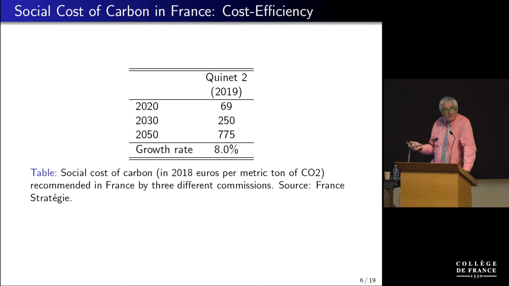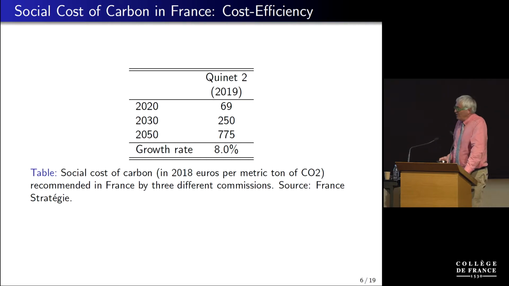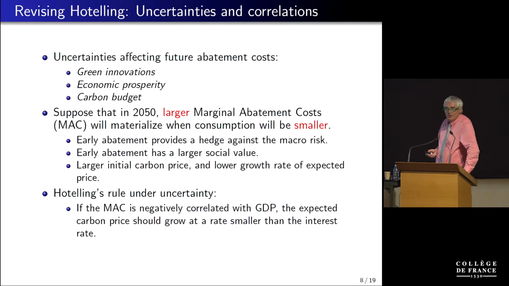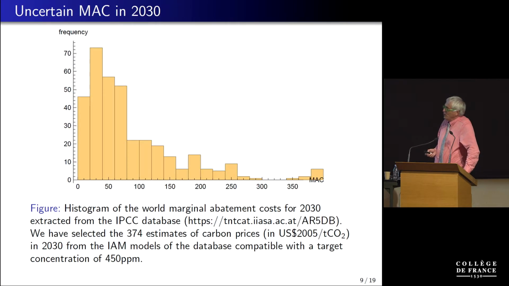So they make assumptions about the speed of technological progress for the next 30 years to get to those numbers. And of course, these integrated assessment models make assumptions on technological progress. Do they do learning by doing, or do they do endogenous growth? Well, I don't know the details, but at least we should recognize that there is a lot of uncertainty associated to that.